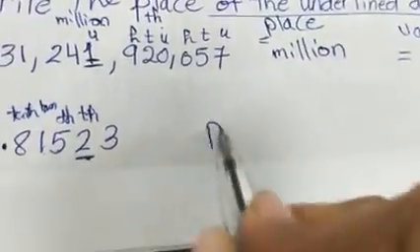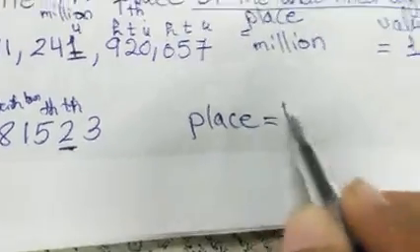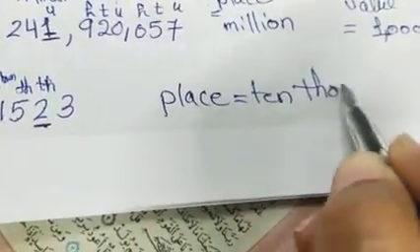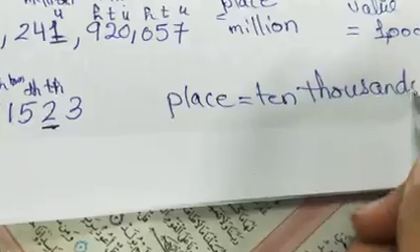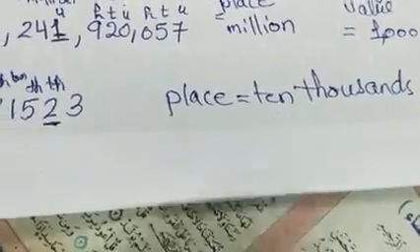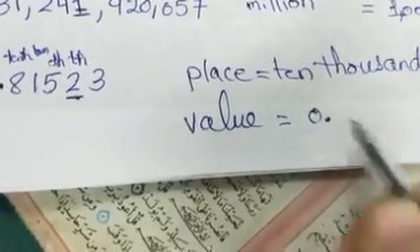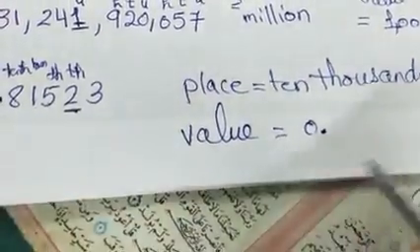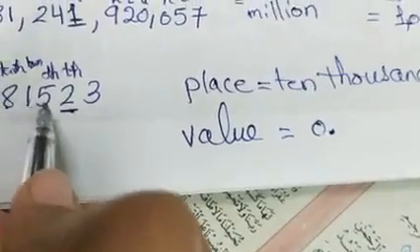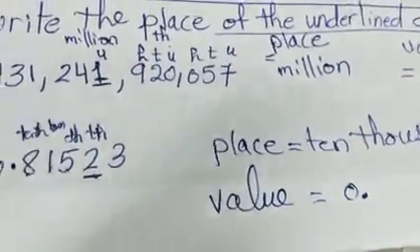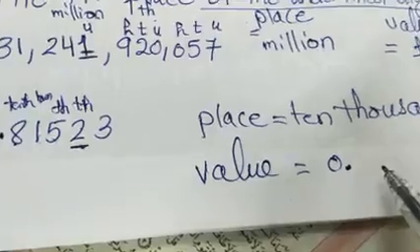So the place here is ten-thousandths. And what is the value? I will put the 0 and the decimal point, and I will put 1, 2, 3 zeros before the 2.